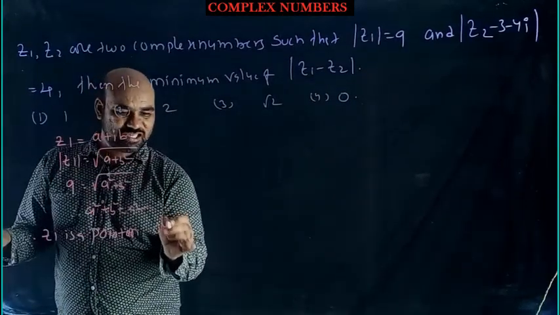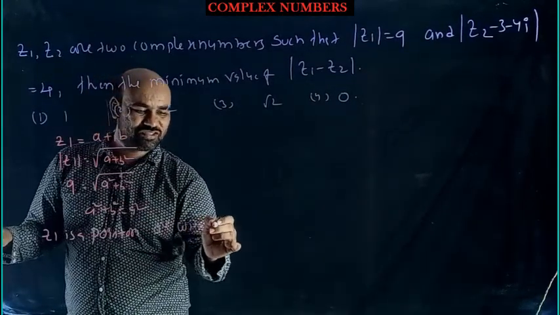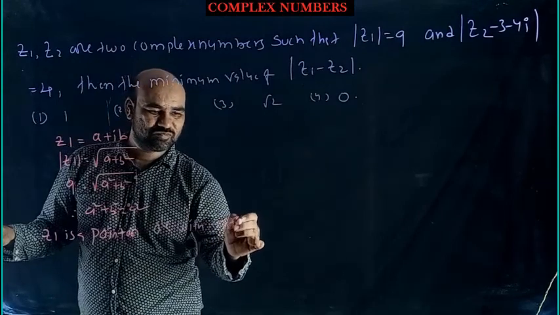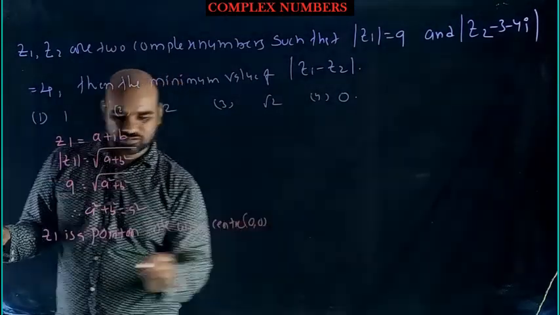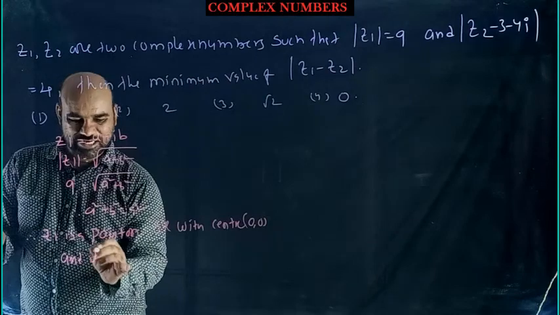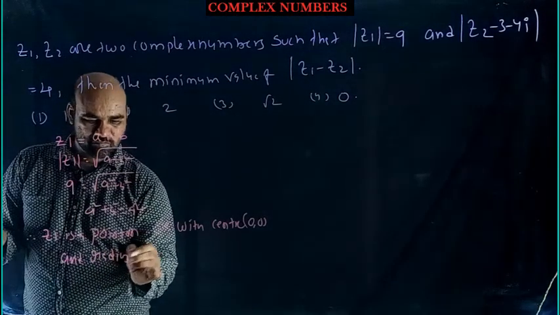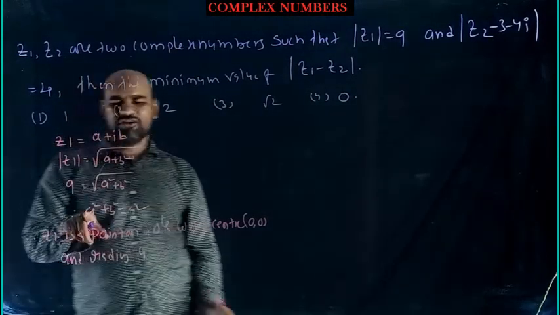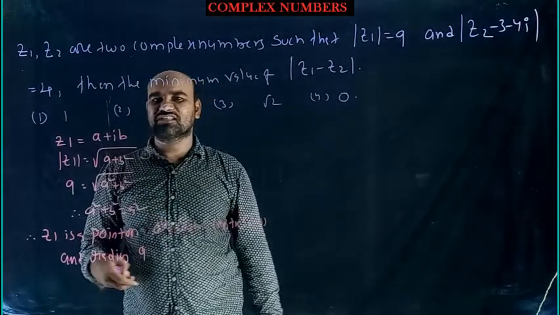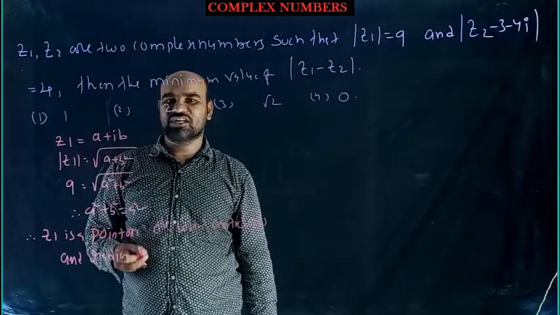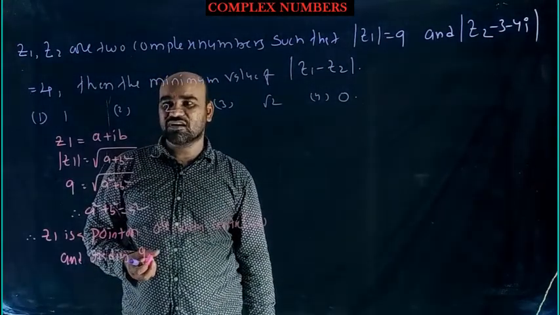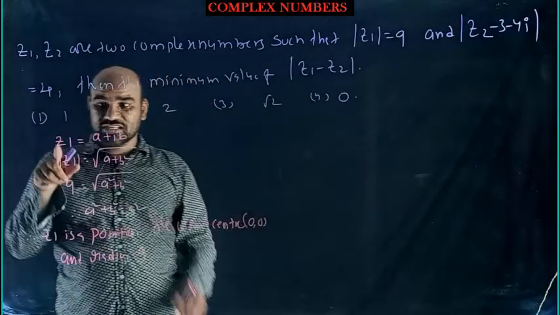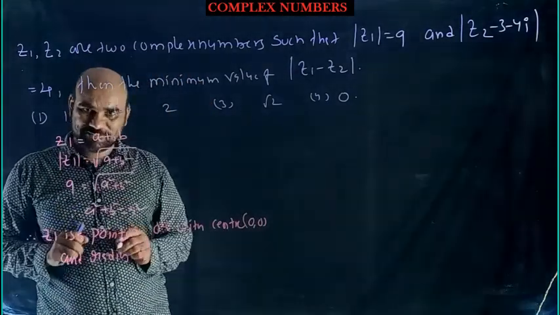Therefore, z1 is a point on the circle with center 0, 0 and radius 9. Already you know x² + y² equal to r² is the basic equation of a circle whose center is 0, 0 and radius is r. So what is the meaning of this? z1 is a point on the circle.